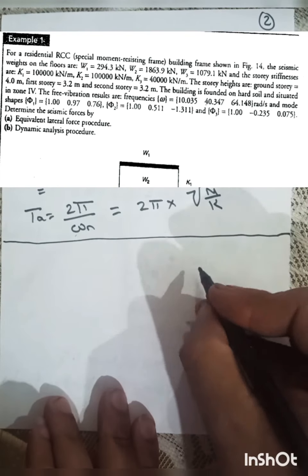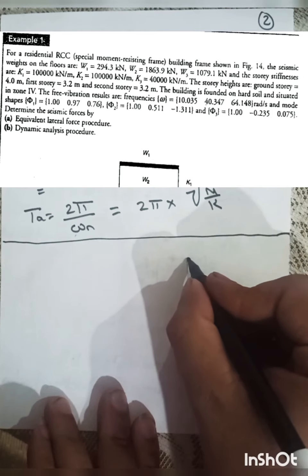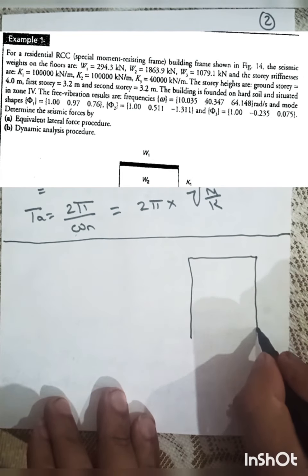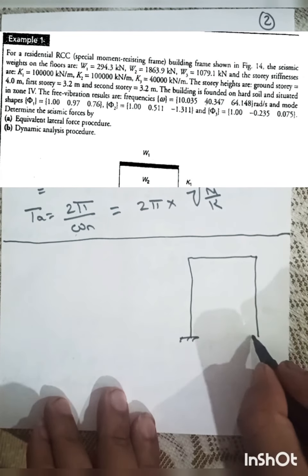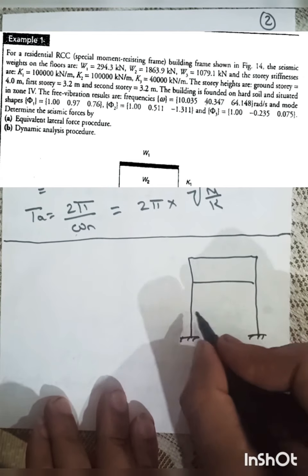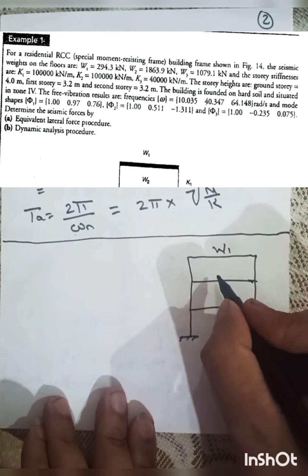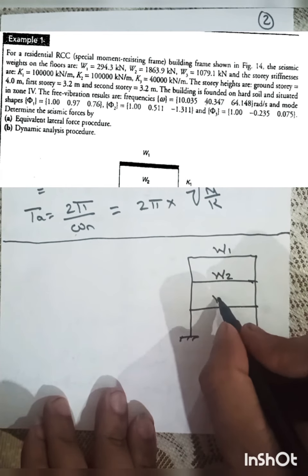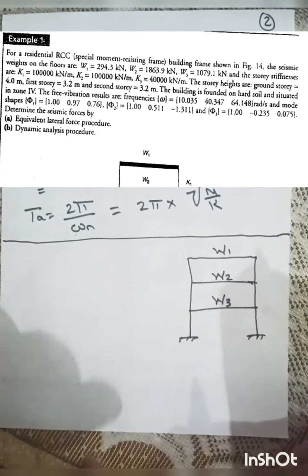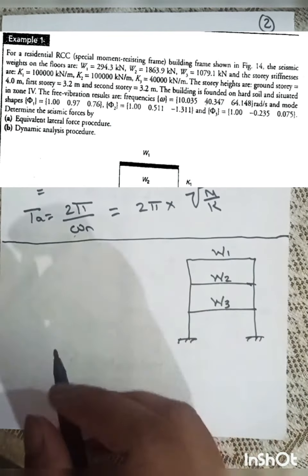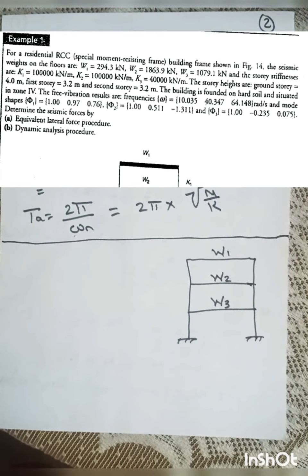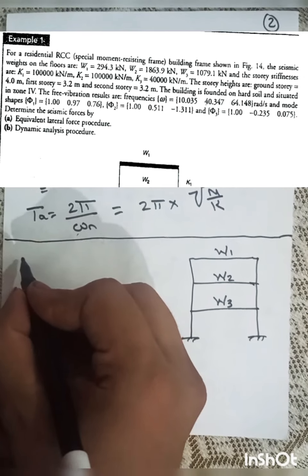So it's a 3-story building, like this, with W1 weight, W2 and W3. So weights are given.